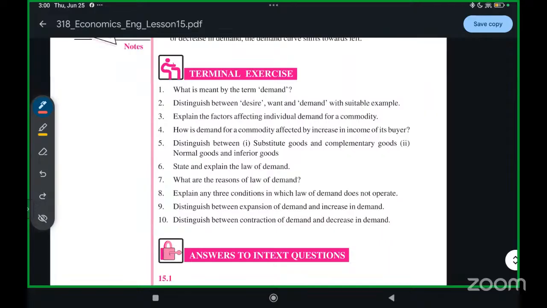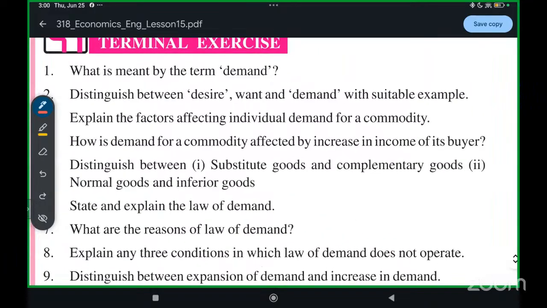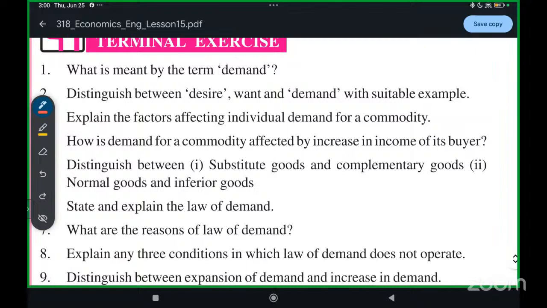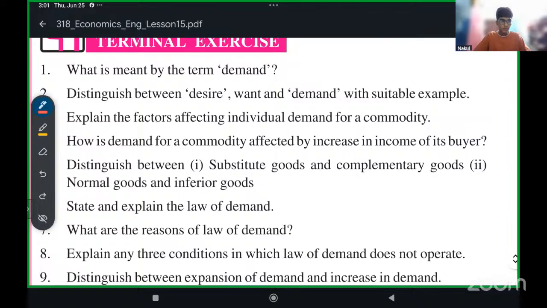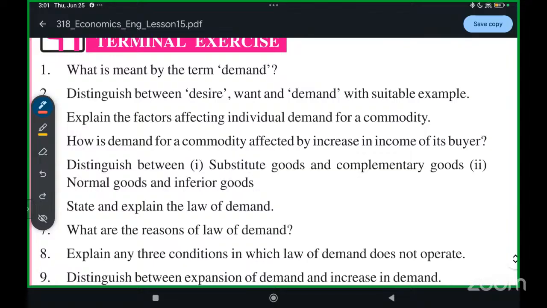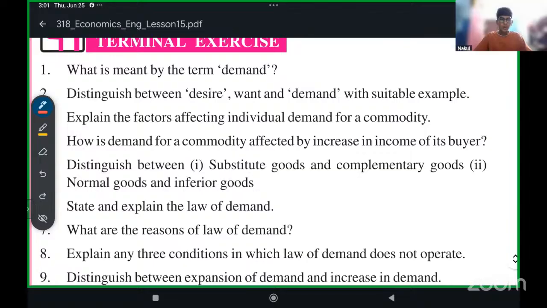Now, can you tell me what's the difference between desire, want, and demand? Desire is something you want but you don't really need. Want is something we need, and the goods are what we demand.